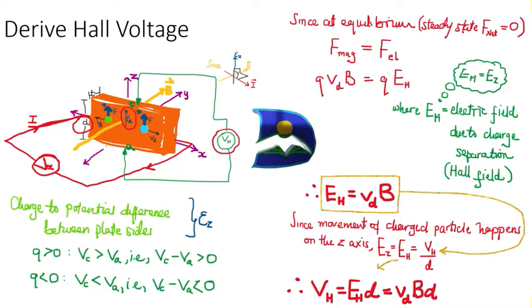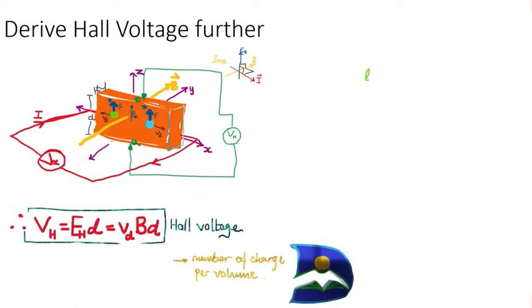So once we have this Hall voltage established, that is pretty much the first phase in determining the Hall voltage. But this expression can be further established by considering the number of charged particles per volume in that particular material.